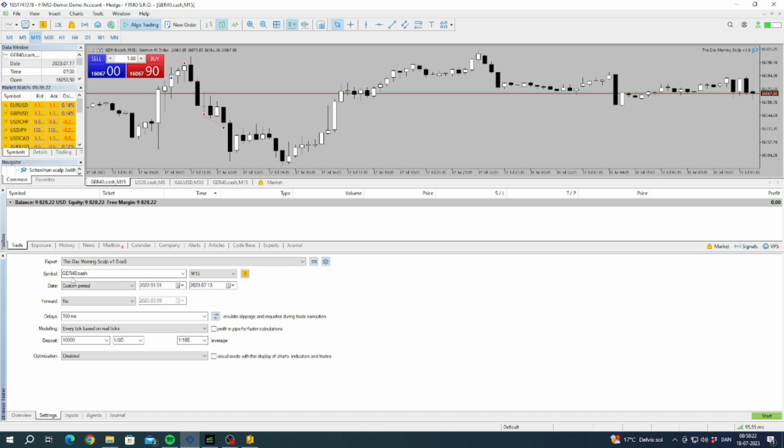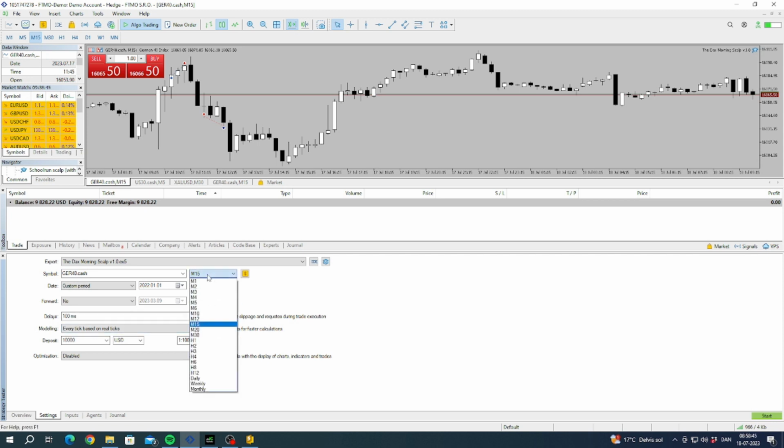And you can see I've selected the Germany 40.cash ticker here, and I will use the 15-minute time frame, but it doesn't really matter which time frame you use, because the strategy will only utilize the 15-minute time frame anyways.